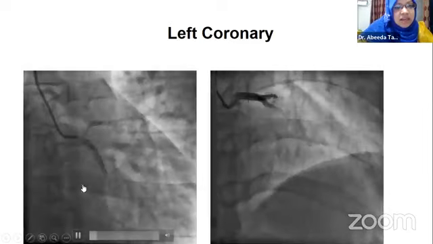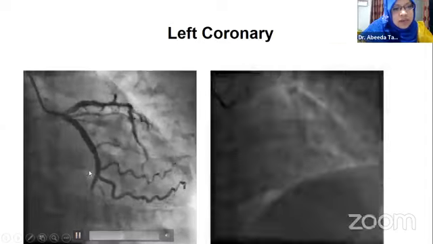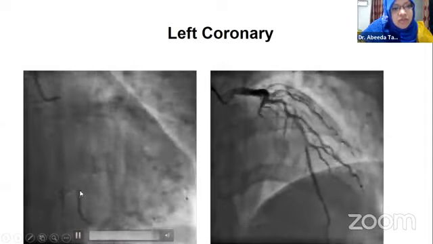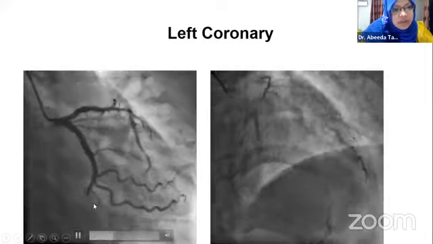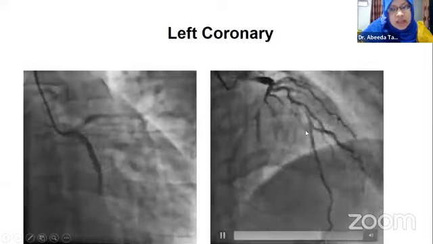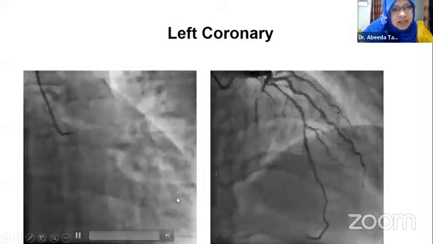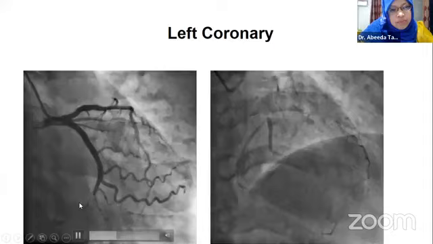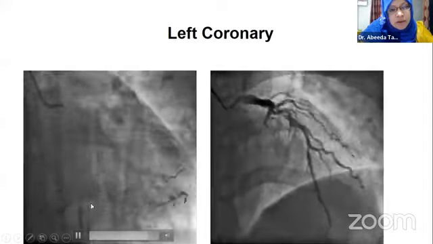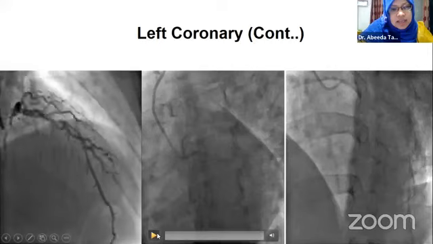Here in this first picture we can see the involvement of LCX. In the LAD there is also some mild disease in the mid segment, but the main culprit vessel we found was the LCX. Here are the other views where we can see the LCX.